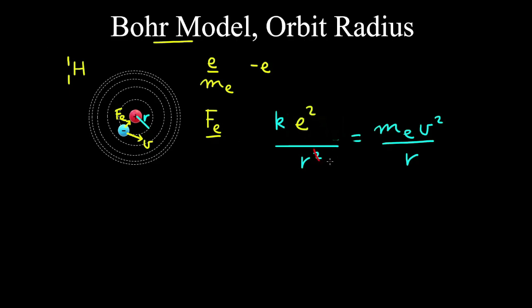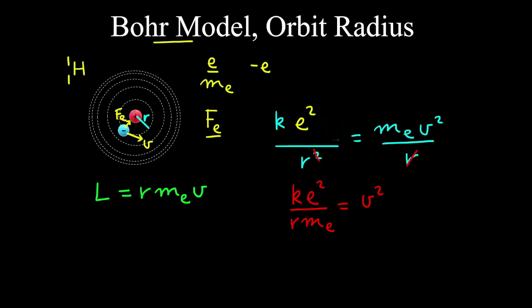And now we can cancel out one of the r's, and dividing through by the mass of the electron, we get Coulomb's constant by the elementary charge squared on the radius of the orbit by the mass of the electron is equal to the speed of the electron squared. Now the orbital angular momentum of this electron is the radius of the orbit by the linear momentum of the electron. So that will be the mass of the electron by the velocity.